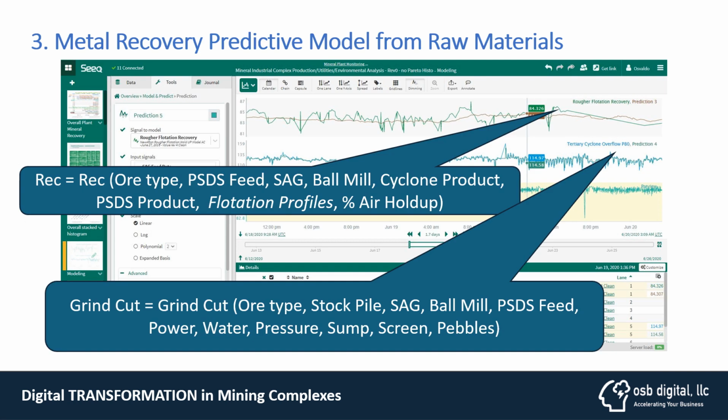This is an example using the SEEQ environment where we put our calculated recovery here, and then we can predict the recovery based upon all the variables that we are listing here: the particle size distribution in the feed to the flotation, the cyclone product, and the particle size shape of the product here. So very important variables that we characterize these days.